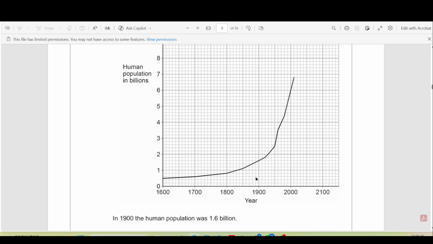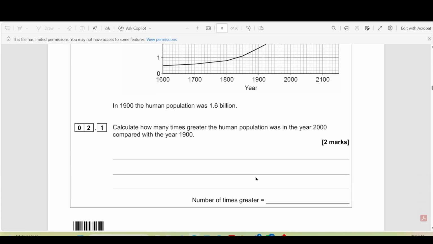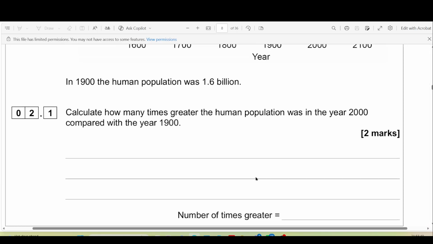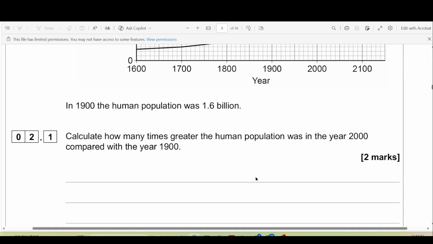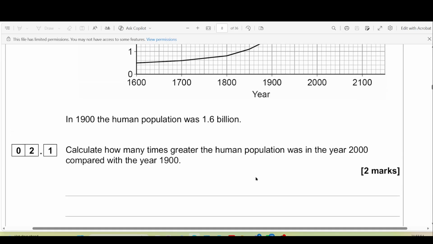What will you do now? Divide it, right? 6 divided by 1.6. So 6 divided by 1.6 equals 3.75.